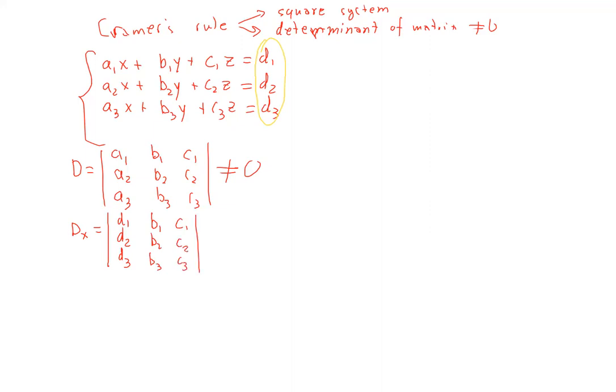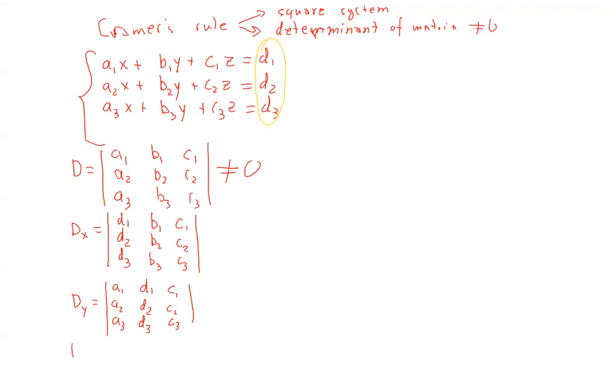And it doesn't matter if this is 0 or not. Then you have Dy. So Dy will be a1, a2, a3, and guess what, same story: you replace the column of the coefficients of y by d1, d2, d3, and then c1, c2, c3.